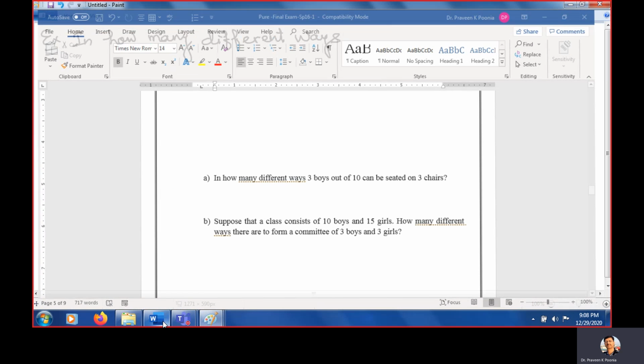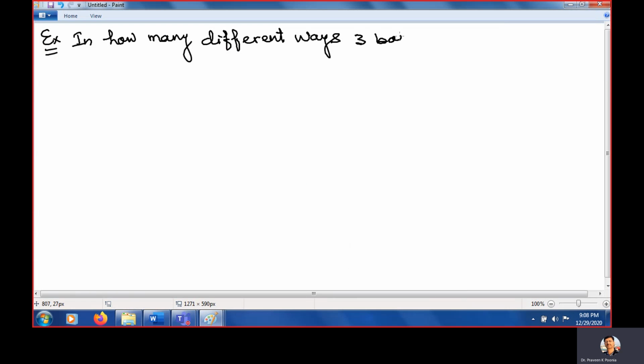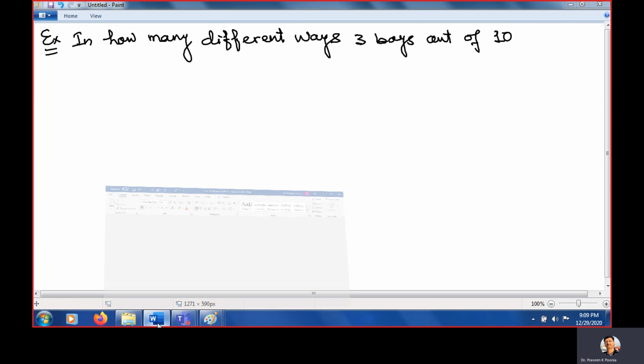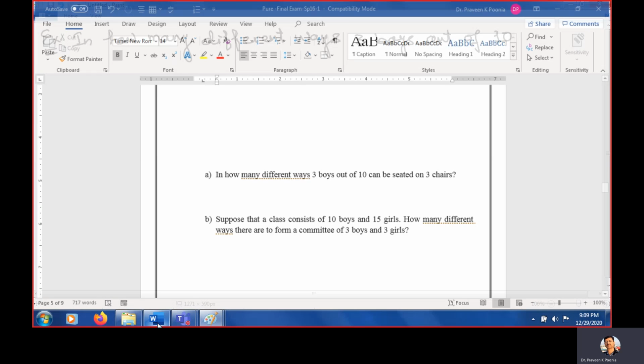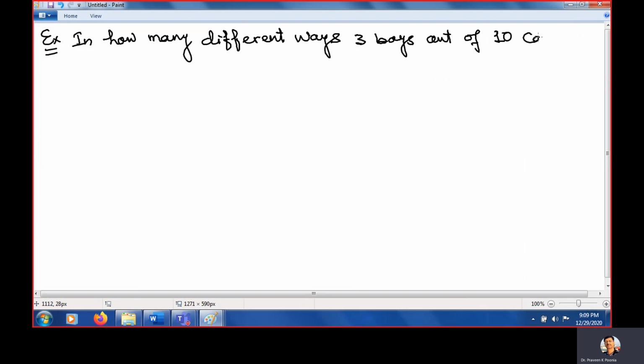In how many different ways can 3 boys out of 10 be seated on 3 chairs? So in this question, if you see, there are combinations and there are permutations.